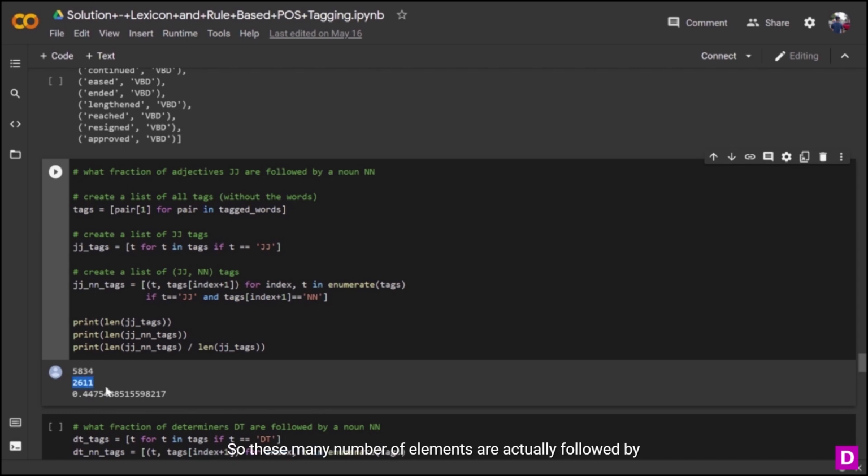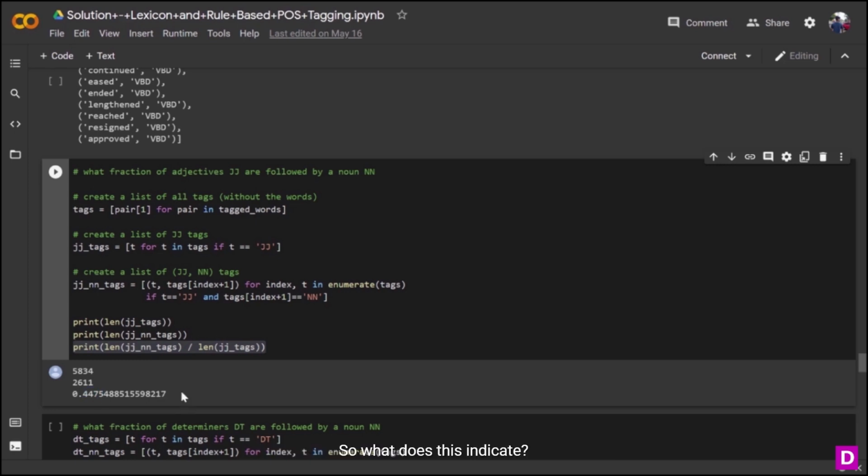So these many elements are followed by a noun, and these many are adjectives. Dividing 2611 by 5834 will give us the fraction which we are looking for. You can clearly see that I have done that in this step. I have taken the length of jj_nn_tags divided by the length of jj tags. Finally I end up with a fraction that is 44.75.